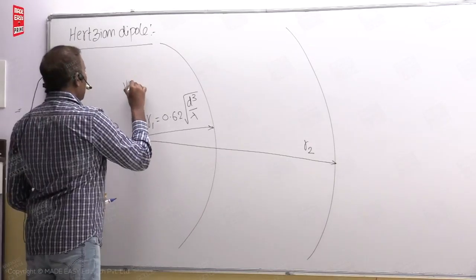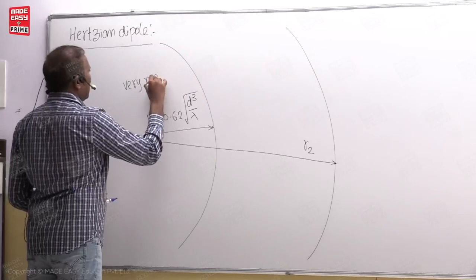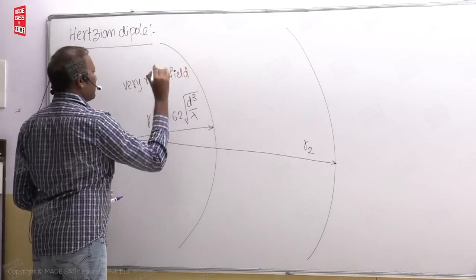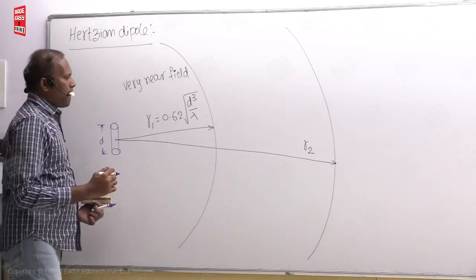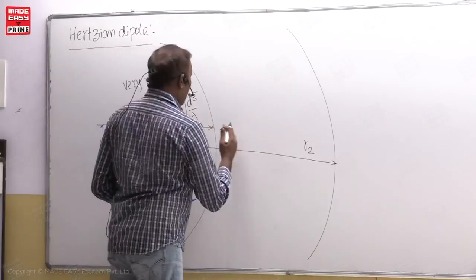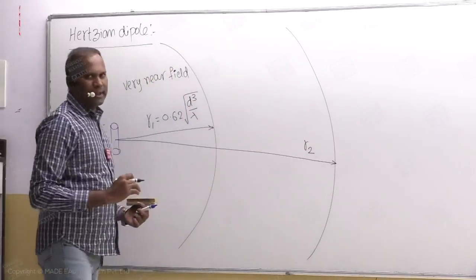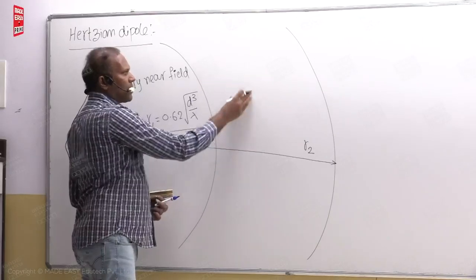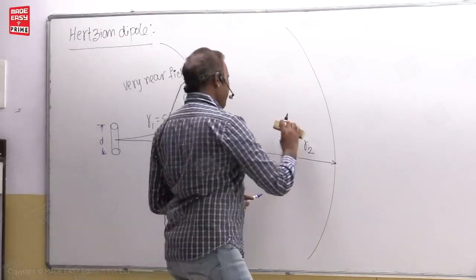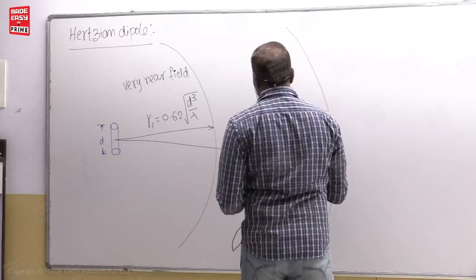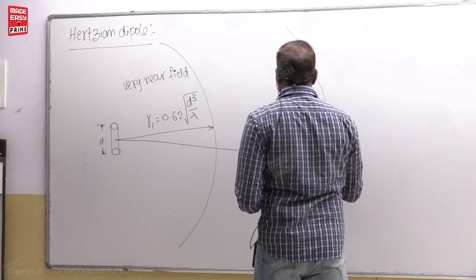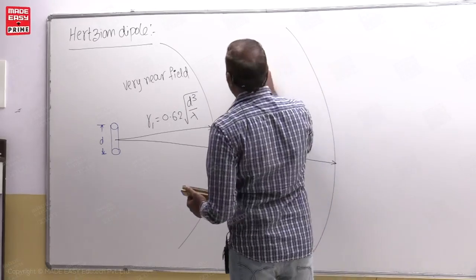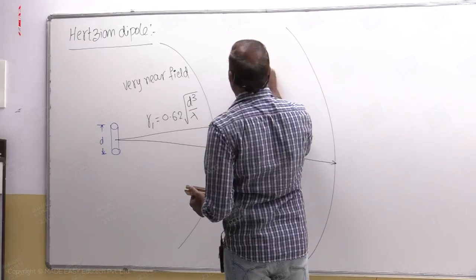So, this is a very near field. Now, from R1 to R2 distance, you have this induction field. This is also called Fresnel zone. So here R2 is equal to 2d square by lambda.